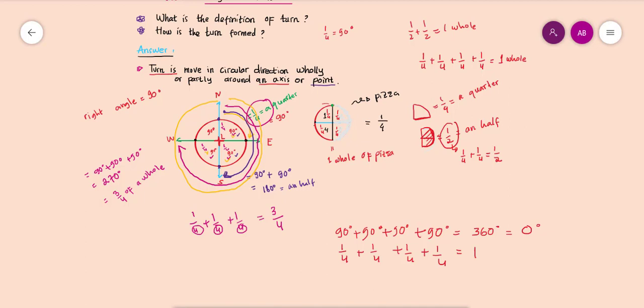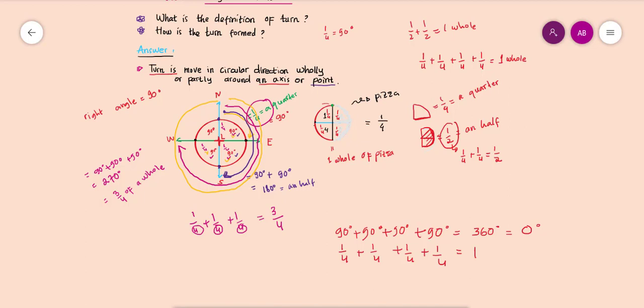So, okay, right now we already know the facts about all these turns, everyone. The first thing is one turn from the axis in the navigation is 1 over 4 or a right angle, 90 degrees. And 4 of the axes will be added together as one whole.